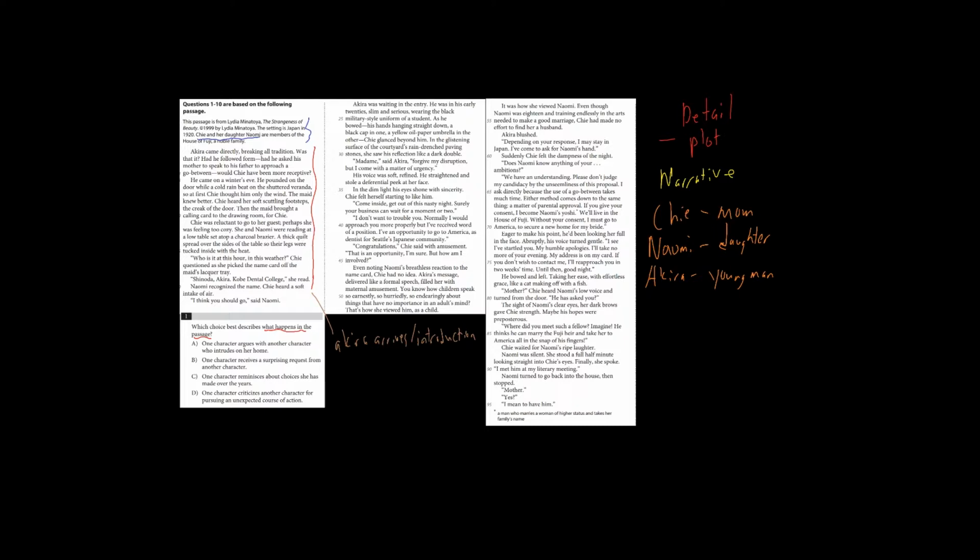Next, let's keep skimming. In this portion, this next column right here, we see that Akira is coming with some kind of request. So right here, Akira is coming with the request. Akira wants to ask Chi something.